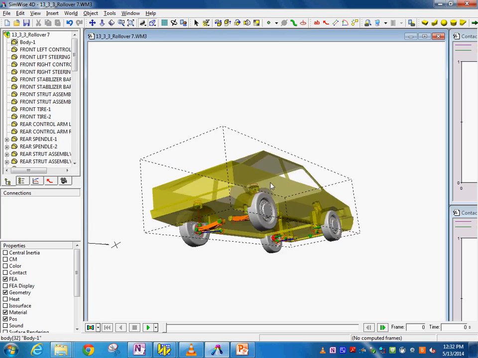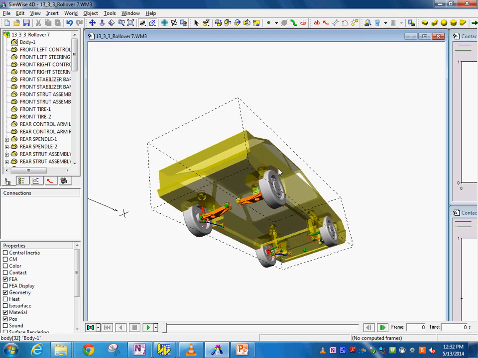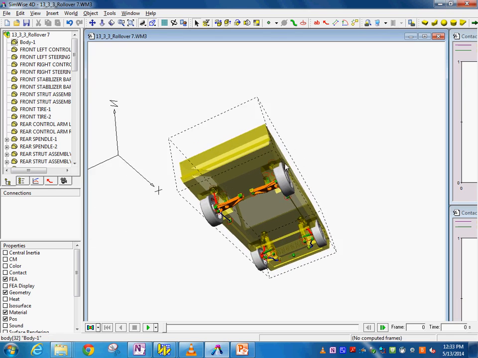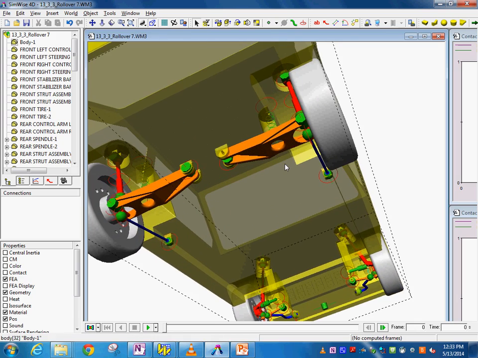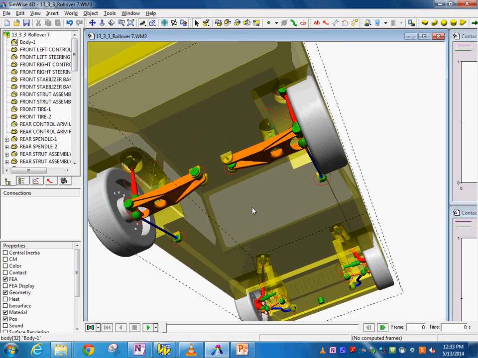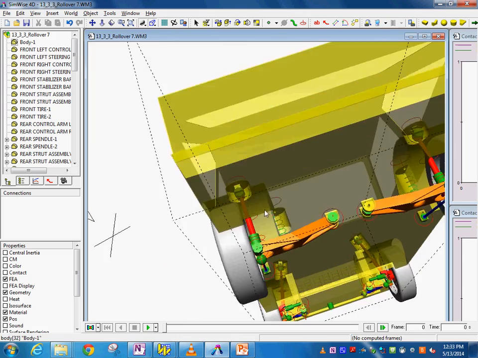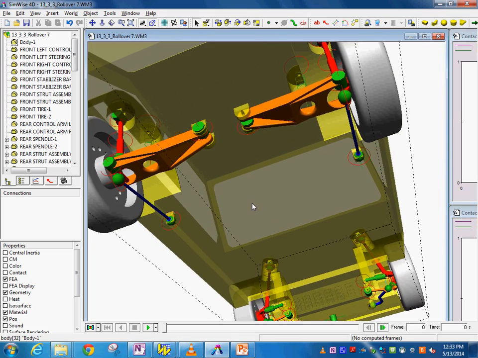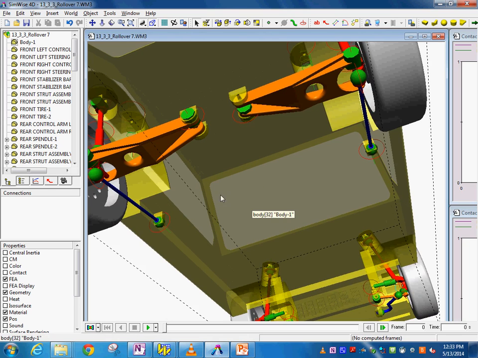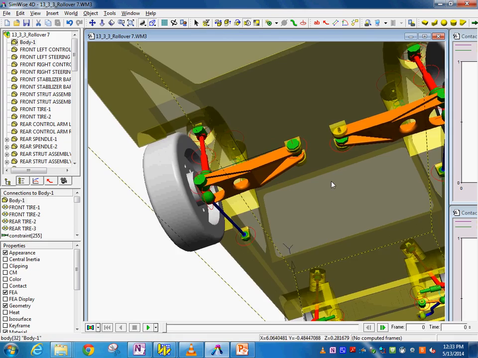Okay, so we just turn it around, but you can see how, from the junkyard parts and the precise measurements that were done, we were able to develop the suspension system of the vehicle.